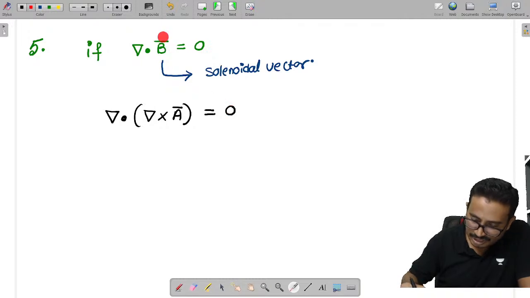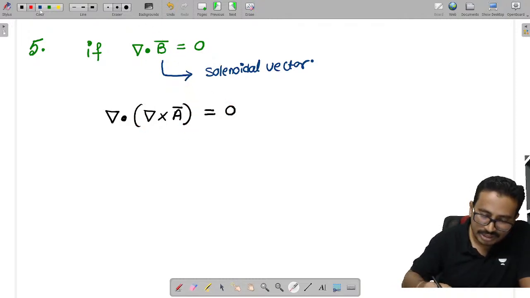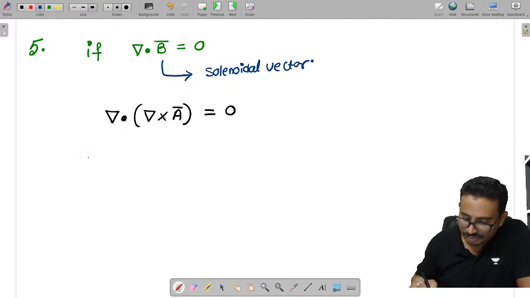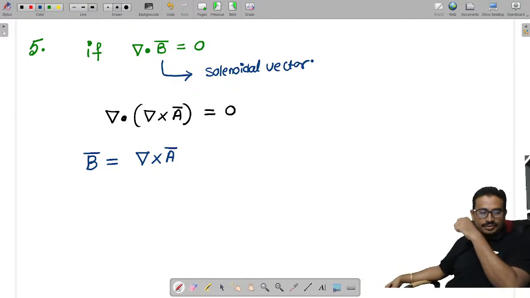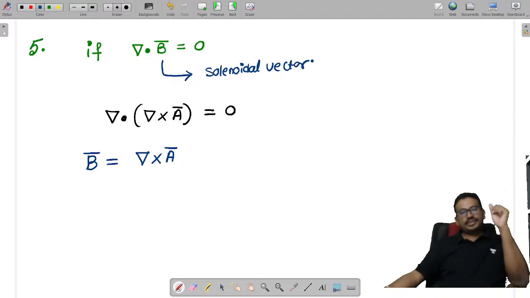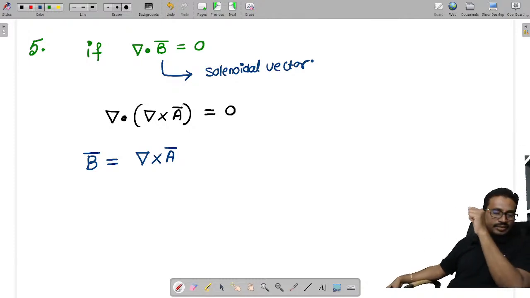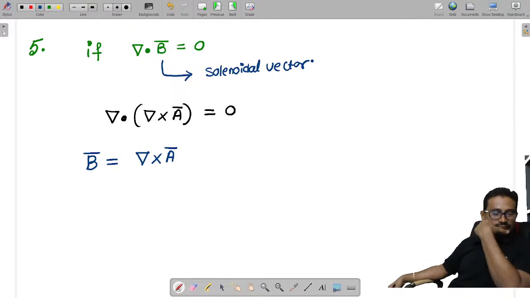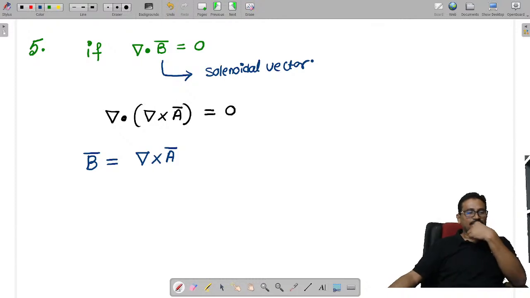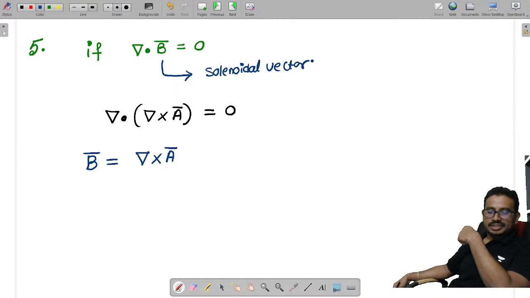By this comparison, what can I conclude? I can write this B as del cross A. Everybody, B is equal to del cross A, I can say.